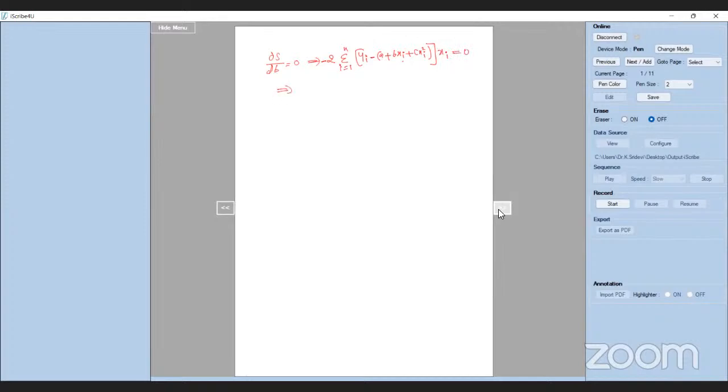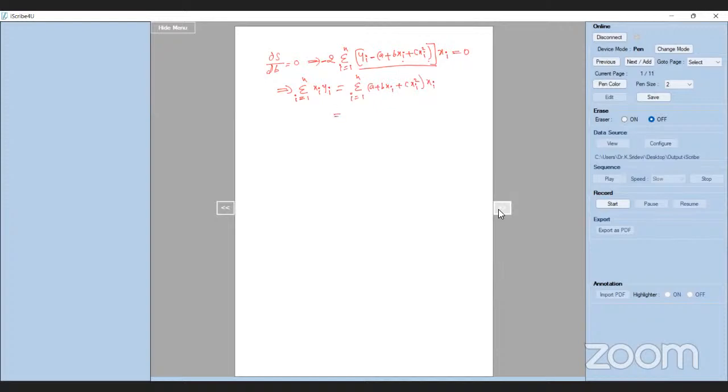Which implies that we can simplify this one. So multiply this throughout with xi. That is summation i equal to 1 to n xi yi is equal to, taking this part to the right side, summation i equal to 1 to n a plus bxi plus cxi square into xi.